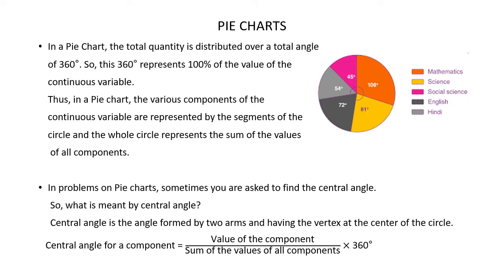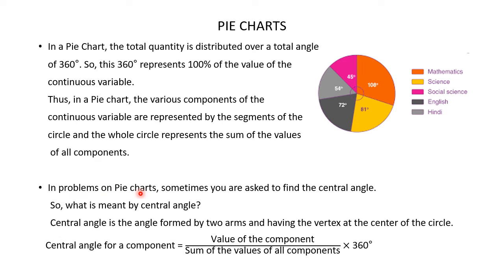That is, if each of these segments has a value of some degrees, then the total of all these degrees will be 360 degrees. Now, supposing the value of each of these segments is given in percentages, then we know that the sum of all these percentages will be 100%. So 360 degrees is equal to 100%.